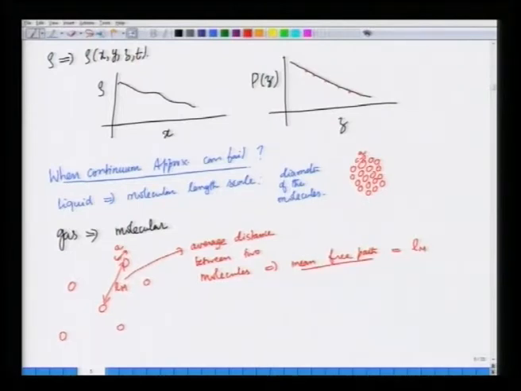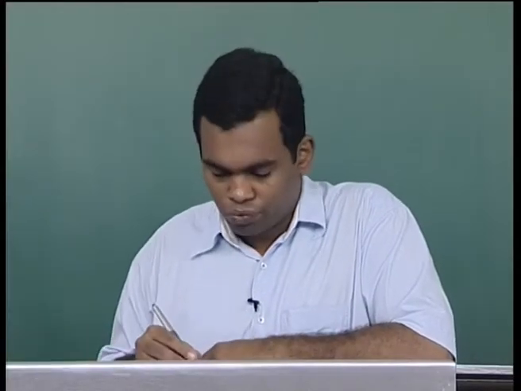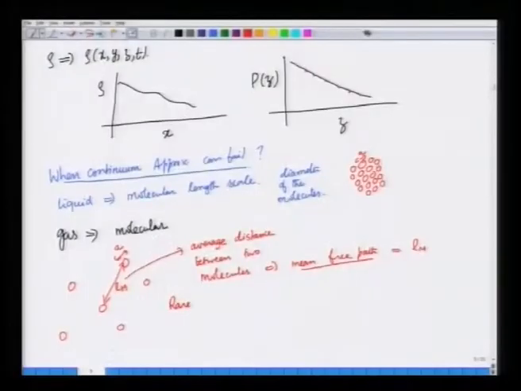Now, this mean free path can become substantially large for what are called rarefied gases. Rarefied gases are gases with very low densities. Rho is very small. This can be seen if you know the ideal gas law. For example, PV is nRT, where n is the number of moles.